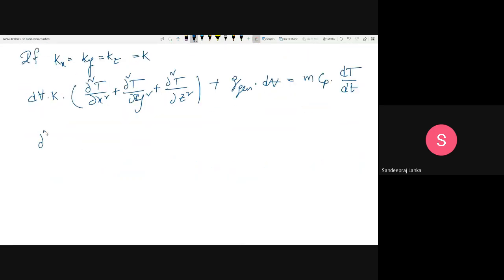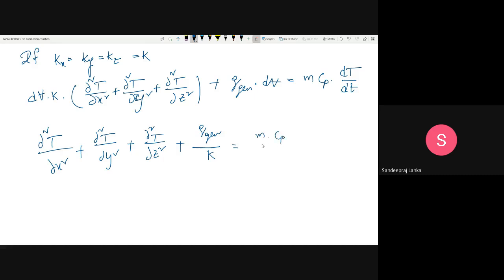I will take this onto the other side. Then what you get is dou square t by dou x square plus dou square t by dou y square plus dou square t by dou z square plus q gen by k is equal to m into Cp by k into dv, so I will write dv into k, into dt by d small t.